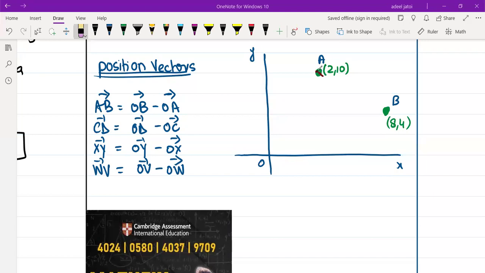You can't find AB directly, so you link it with the origin. We draw the line from the origin to the point A, and obviously the direction will be like this. We draw the line from origin to the point B, and the direction will be like this.